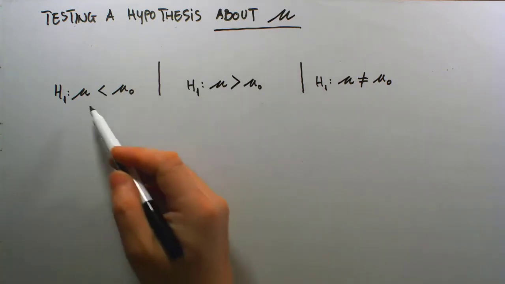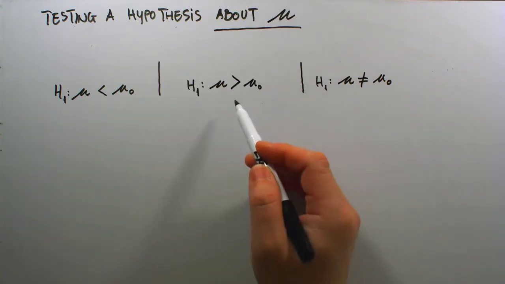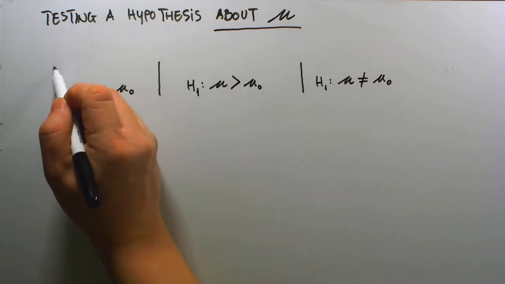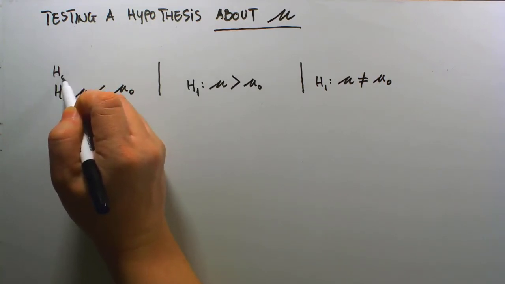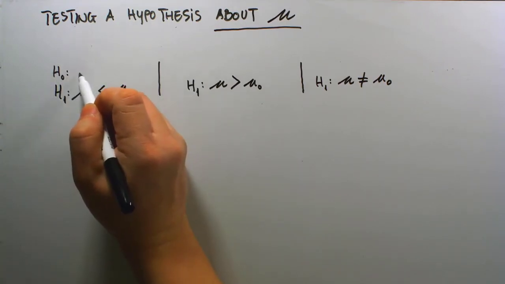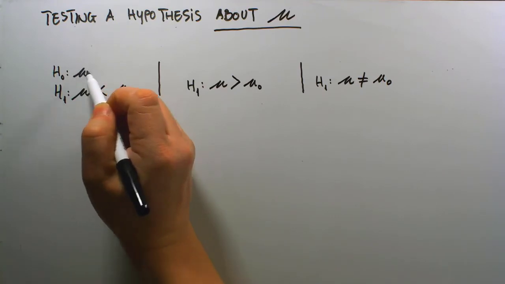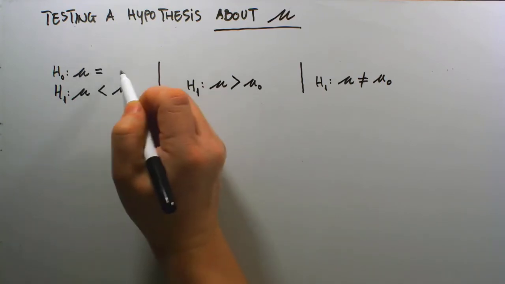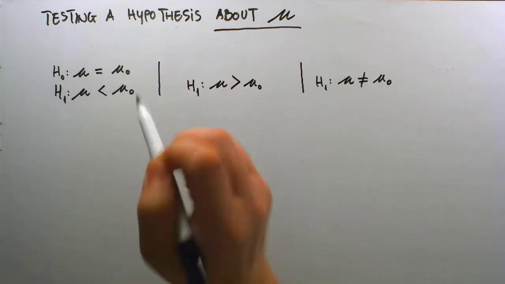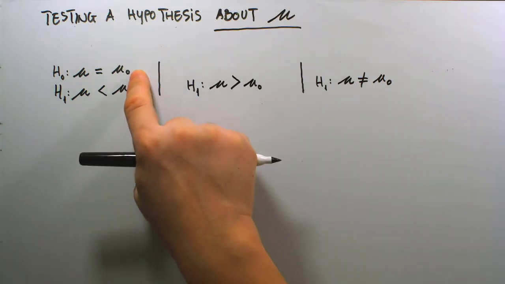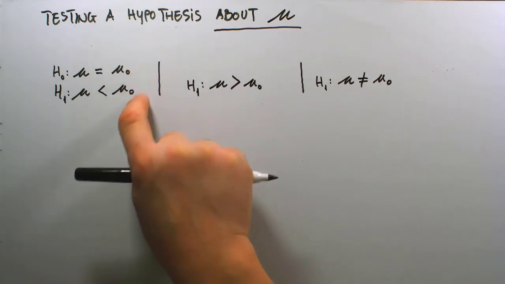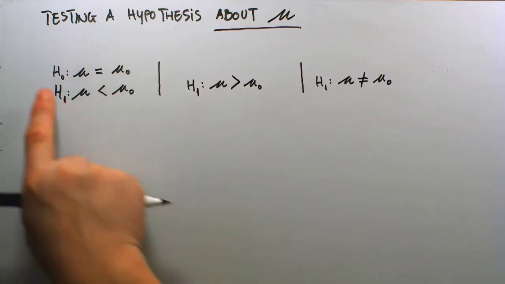And from any of these alternative hypotheses, it is now clear that the null hypothesis is always saying that the mean value equals the value mu sub 0. So mu sub 0 is the symbol for the value being claimed in the null hypothesis.